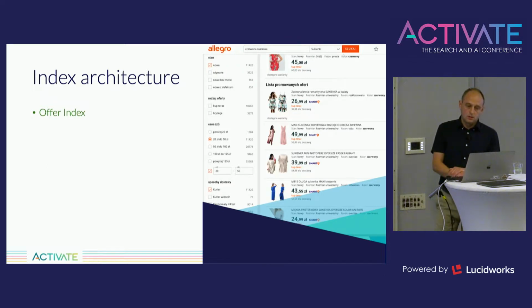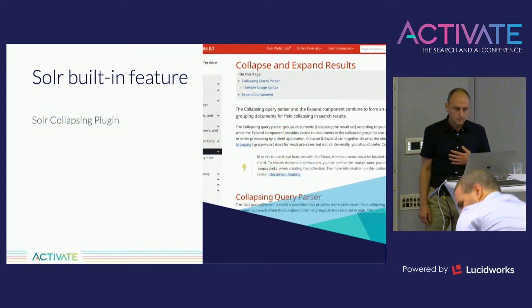So as a user enters the listing, they can filter offers by phrases, categories, and attributes. The request to the Solr is executed. It filters the subset of offers, and then it groups those offers into products.